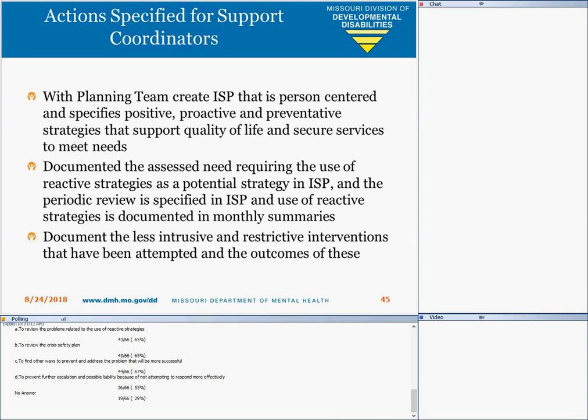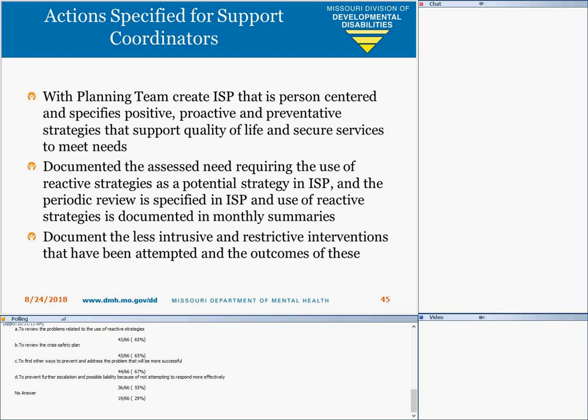to meet the individual's needs. That was that, and we all are trying very hard to do that. The support coordinator is responsible for documenting the assessed need that requires the use of reactive strategies, especially restrictive reactive strategies in the ISP, and that they are responsible to periodically review with the team the ISP and those strategies that are documented, and they document that in their monthly summaries.